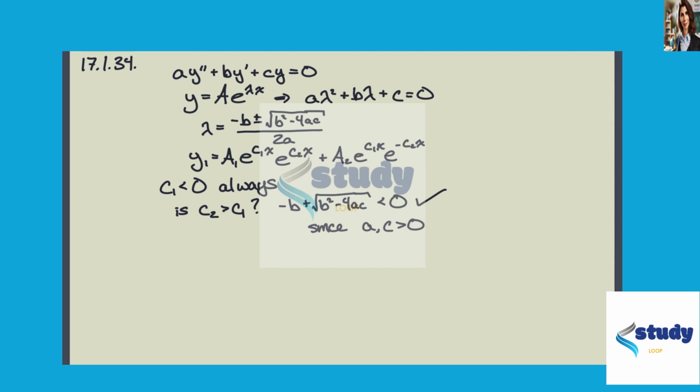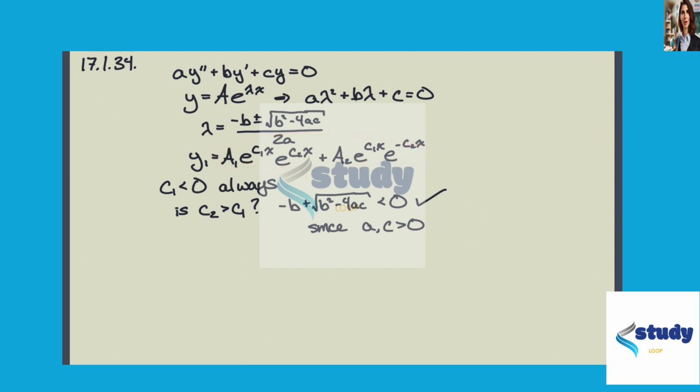If it's imaginary, then these are sines and cosines, and these are bounded by 1. So these are exponentially decaying, and overall, this is all exponentially decaying.